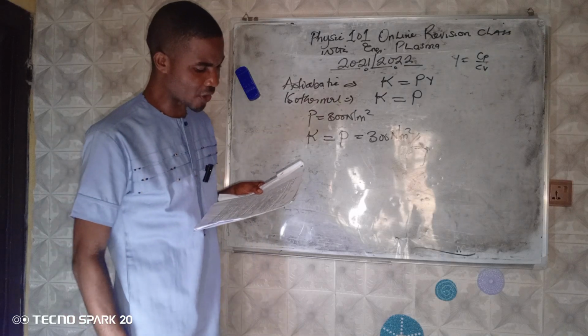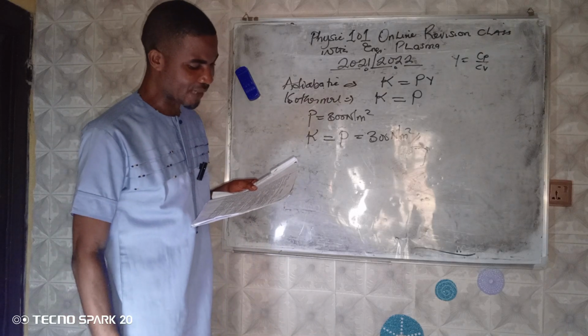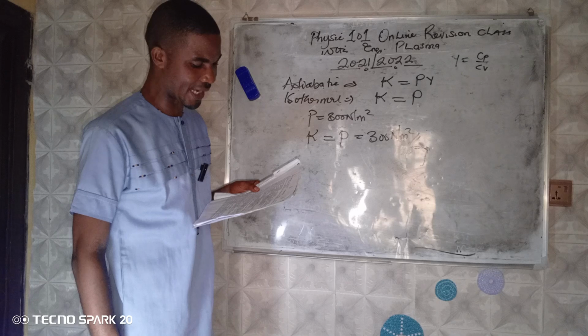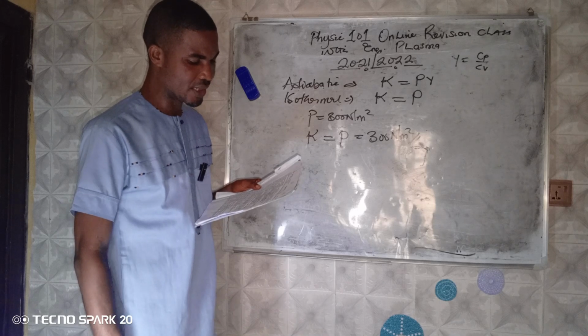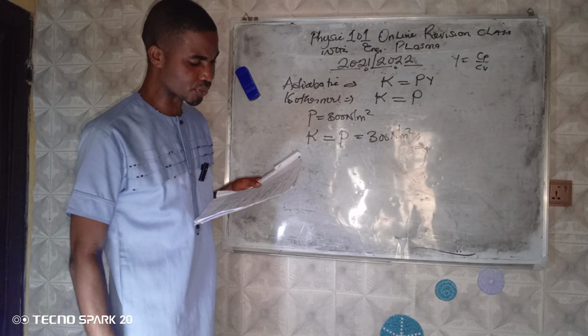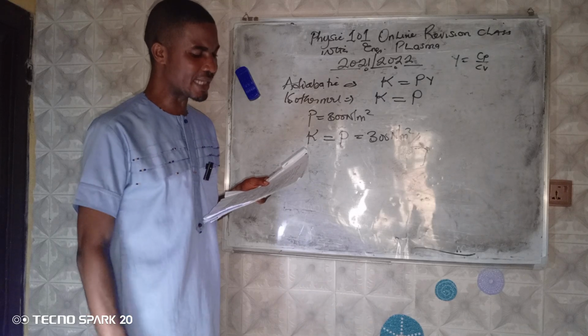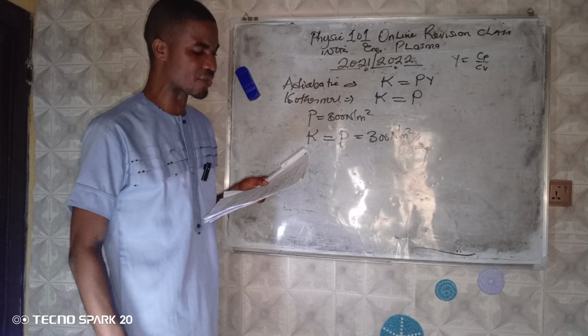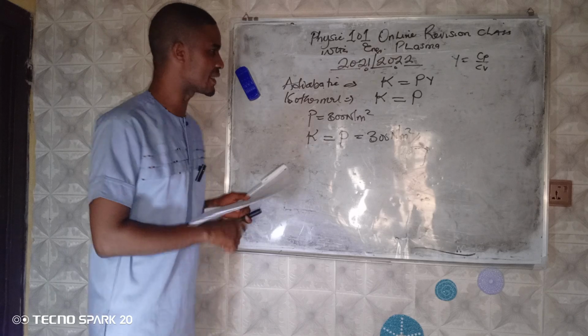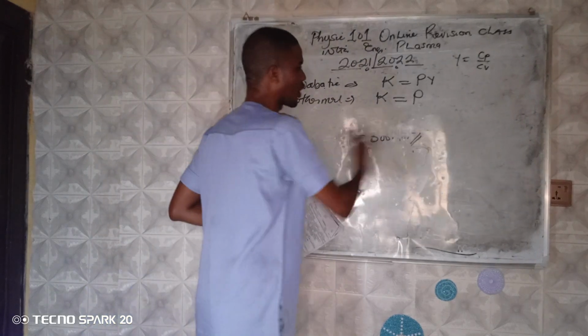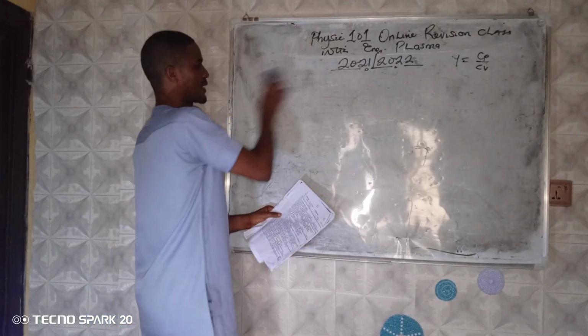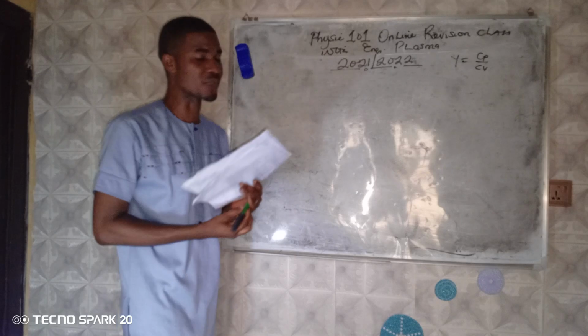A tangential force of 70 Newton applied on a solid of cross-sectional area 20 centimeters square caused a deformation through an angle of 0.03 degree. Calculate the shear modulus of elasticity of this solid. Remember that this is the modulus of rigidity. We saw that in part 1, which is 2020-2021.